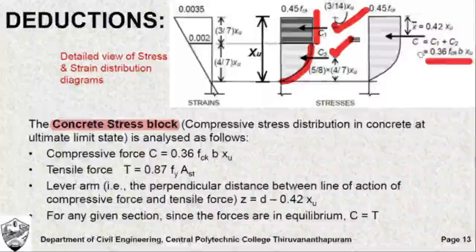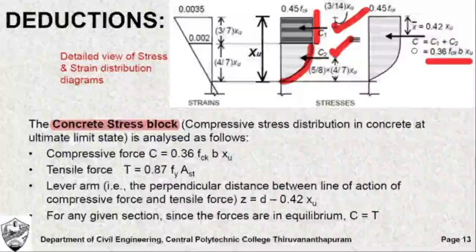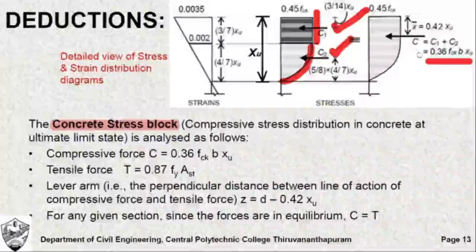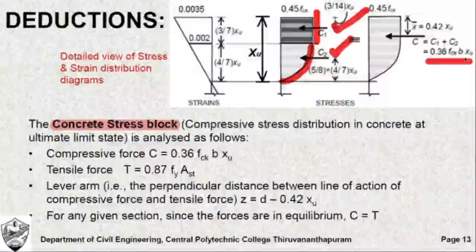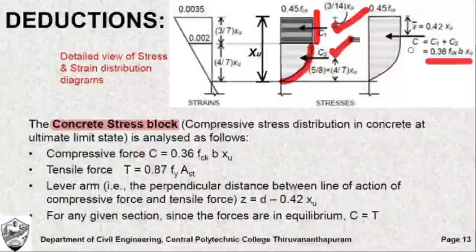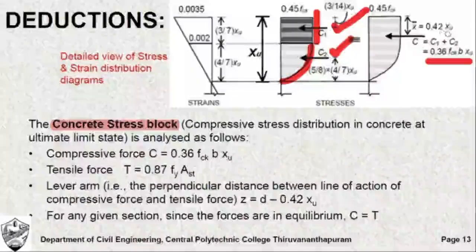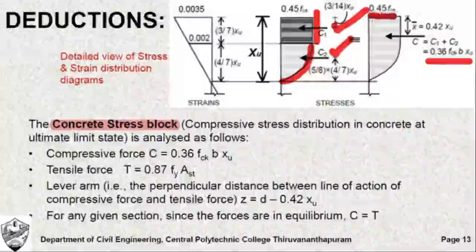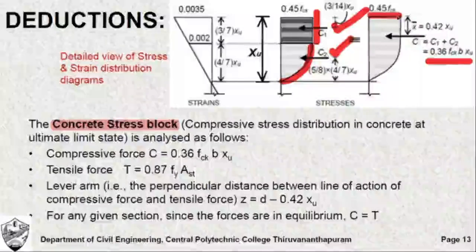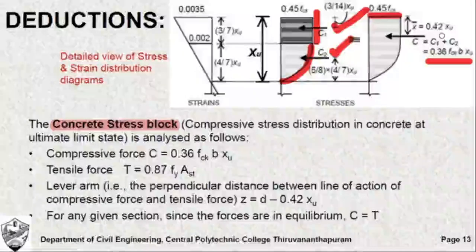Finally, you get the compressive force on concrete as equal to 0.36 FCK BXU, and this force acts at a position of X bar or 0.42 XU away from the extreme compression fiber.